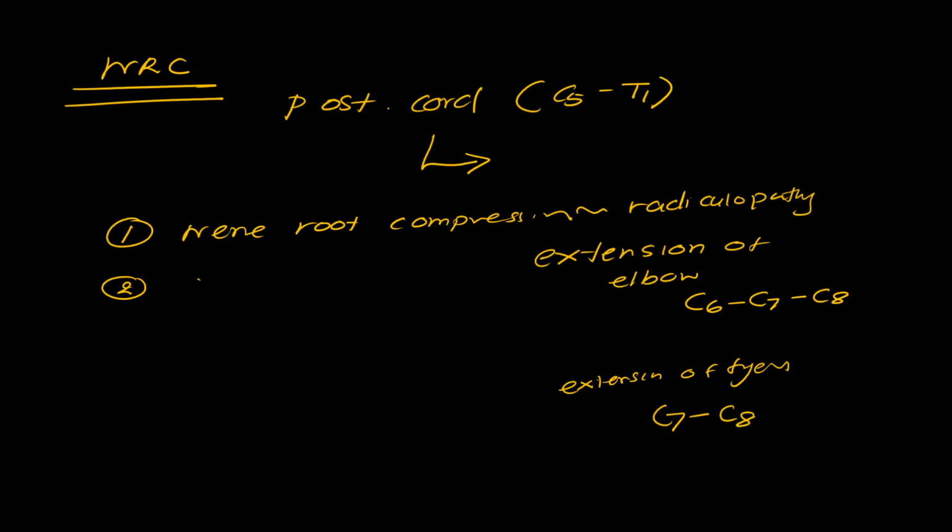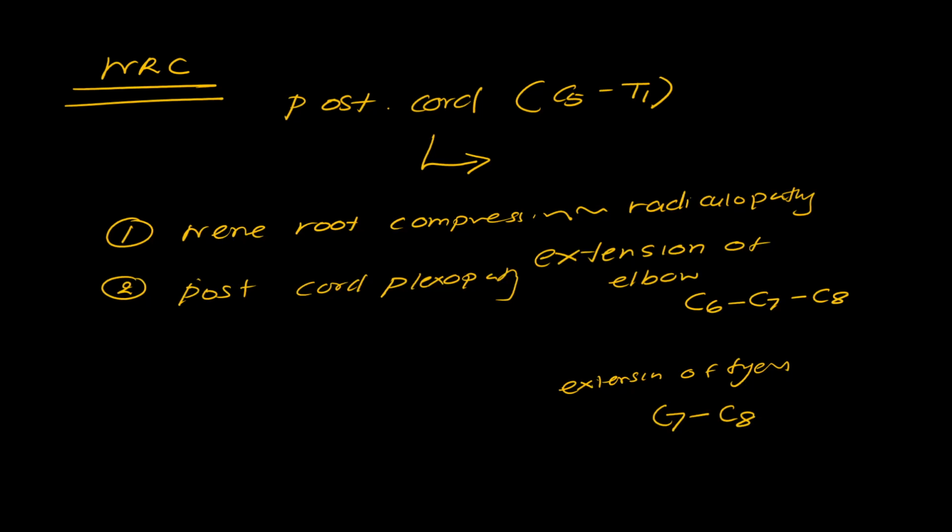And the other lesion that we would like to consider is the posterior cord plexopathy. Here, the posterior cord is compressed and compromised. Therefore, along with the radial nerve, the other associated nerves will be impacted as well.